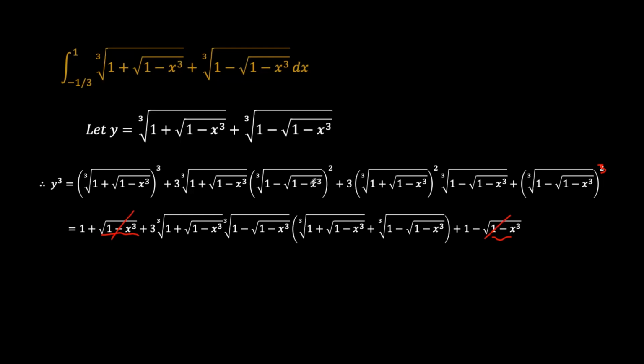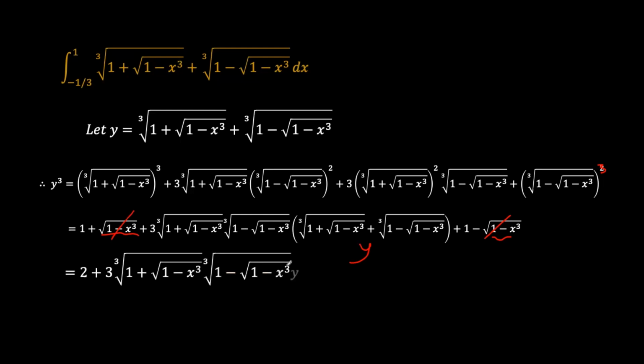And then here, we can now pull out 3 and also the product of the first and the second term here, so that what you're left with is the sum of the first and the second term, which means that this component is just y. So we have 2 plus 3 times the first and the second term times y.